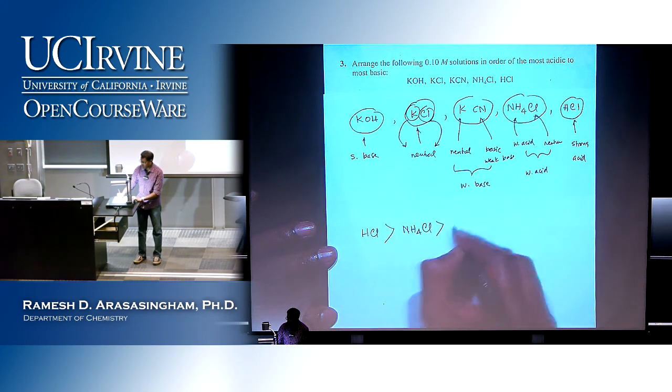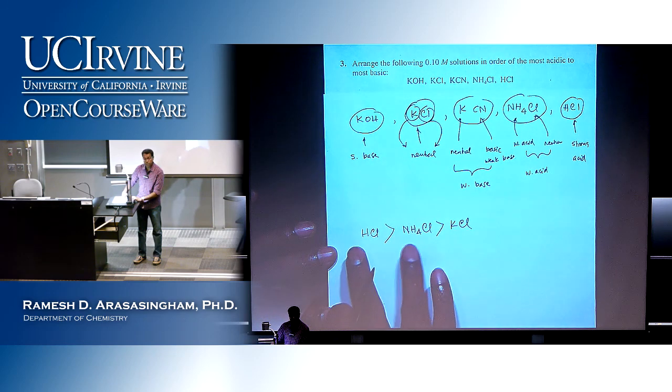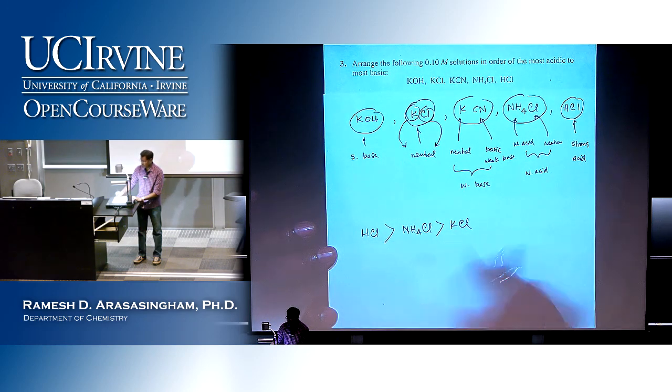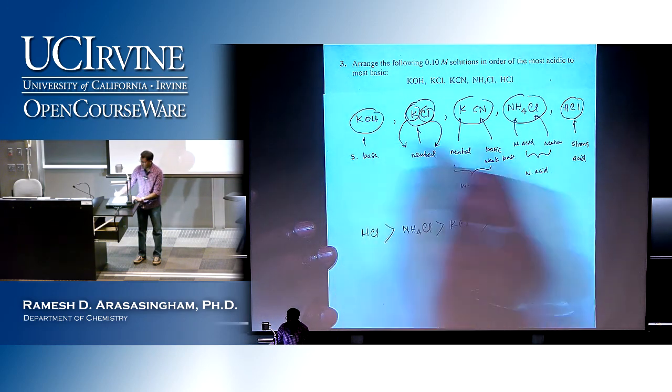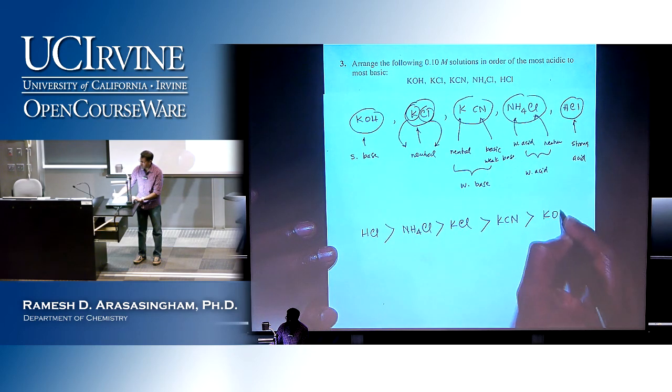So next comes whatever is neutral, which is KCl. So now we're switching from acids to neutral to now the bases. The weak base would be KCN, and then the strongest base would be KOH. So if you look at this, we're ranking this in terms of relative acid strengths, all right? Starting from the strongest acid to the strongest base, okay?